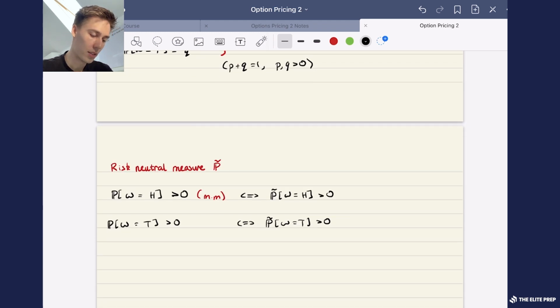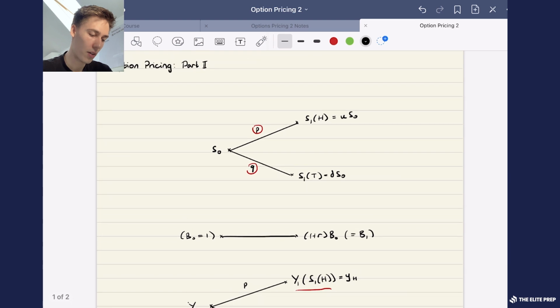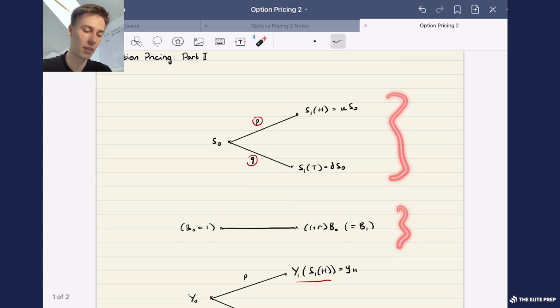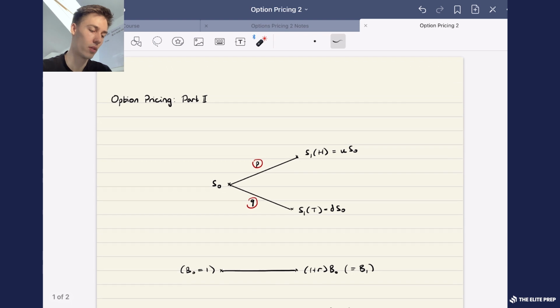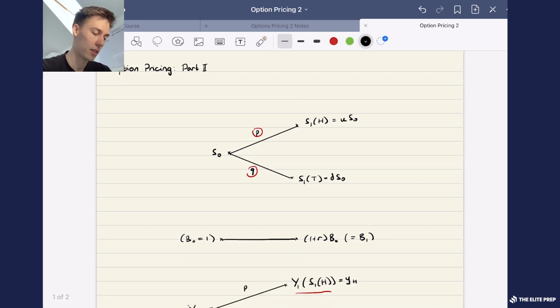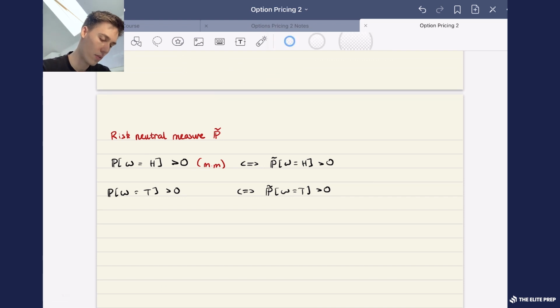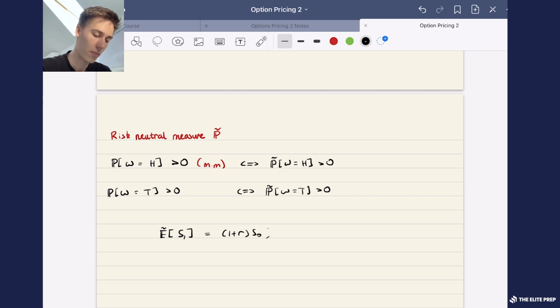Okay, so going back to our simple assets, the simple assets being the ones which the market is comprised from without the derivative, we want that the expected value under the risk neutral measure of S1 is equal to 1 plus r of S0, and the expected value of B1 is equal to 1 plus r B0.